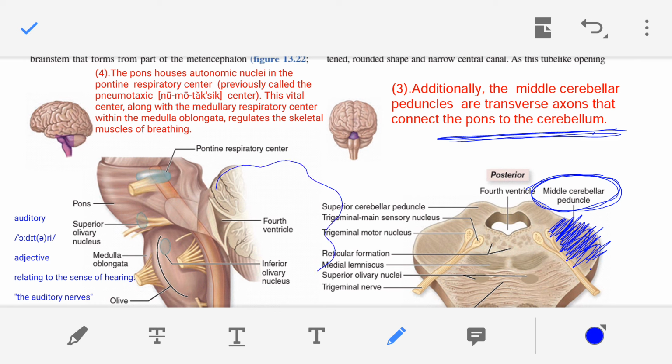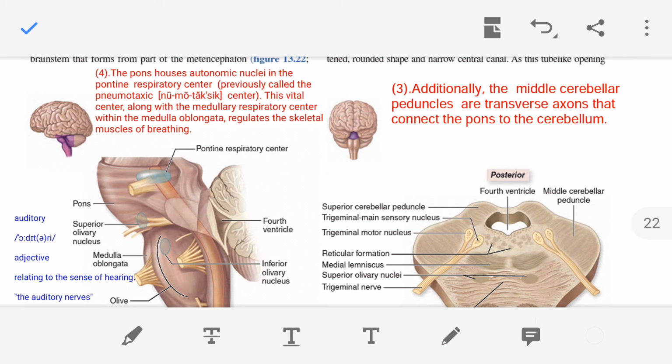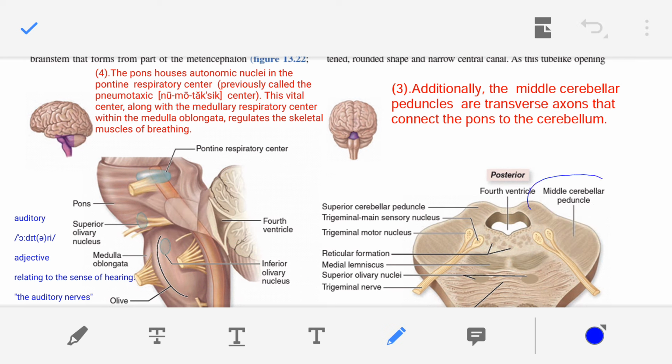this one is the cerebellum, and here this is the pons. So in between the cerebellum and pons are the transverse axons. So let me draw. These are the transverse axons, and these transverse axons connect the pons and cerebellum, and they are known as the middle cerebellar peduncles.